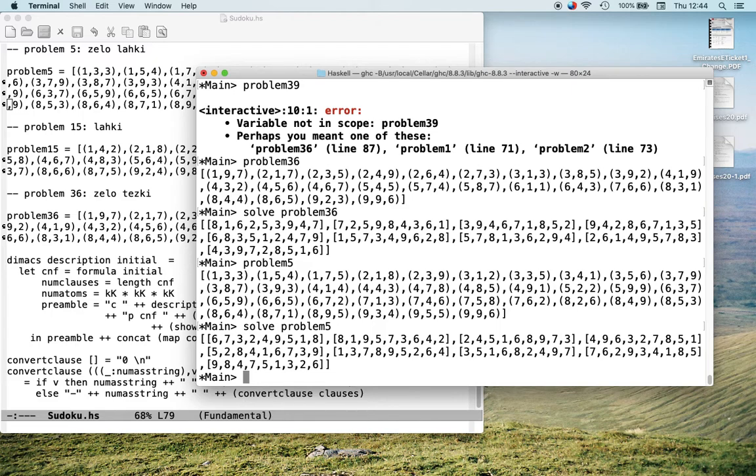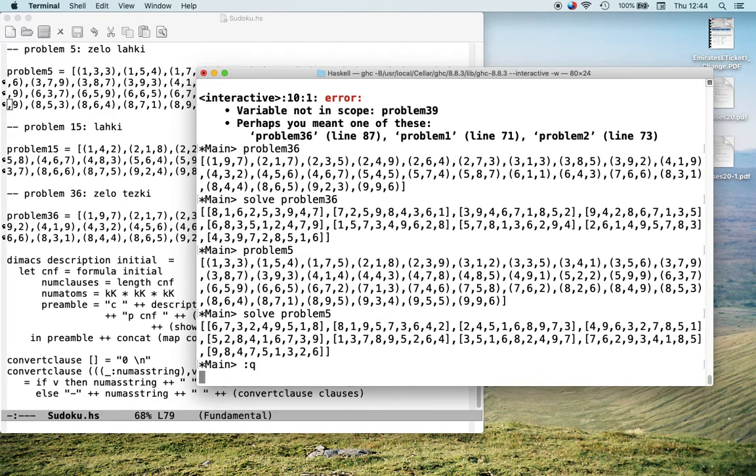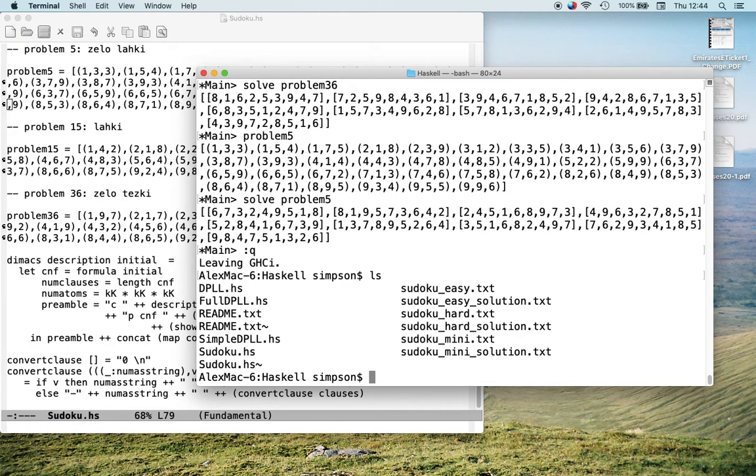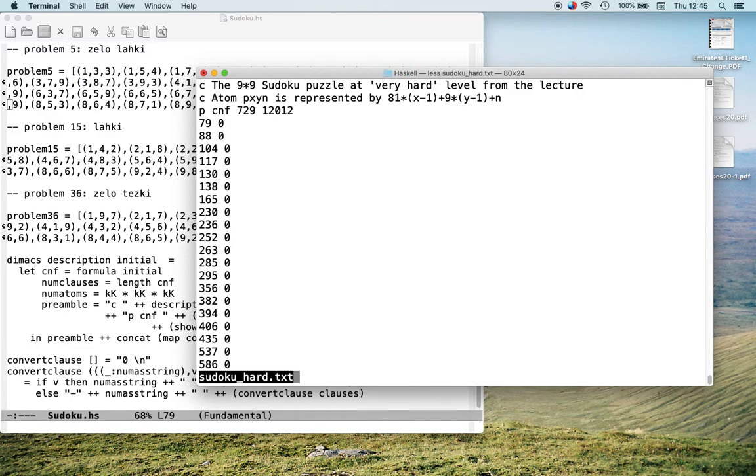That's the DPLL algorithm. I want to show you one other thing before we finish. I'm going to quit Haskell and have a look at the files in here. And we'll see that we've got some sudoku problems in text files. Let's look at the hard one. So we'll look at sudoku hard, the text file here.